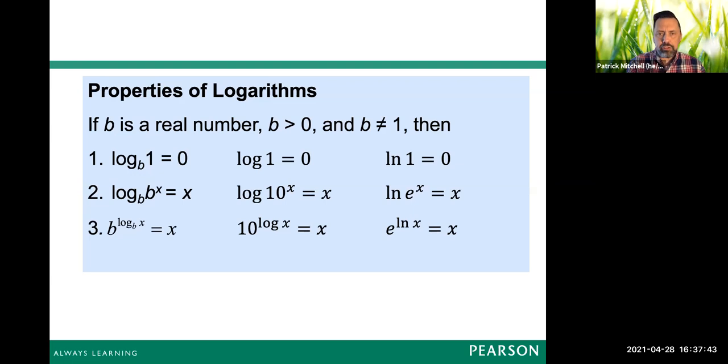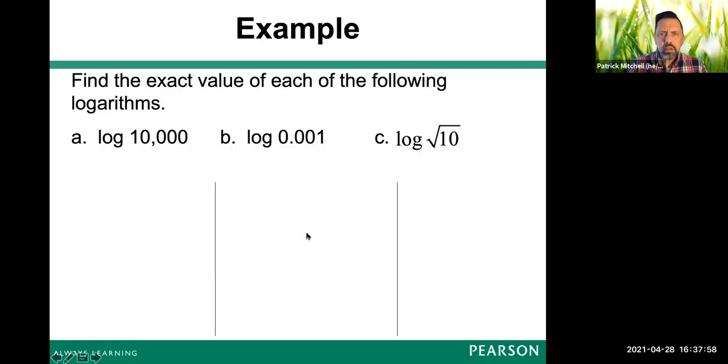Remember the special shorthand notation for common logarithms. Just imagine that there's a little subscript 10 here. And then natural logarithms, I haven't introduced you to that notation yet. So we'll come back to natural logarithms in a moment. In the meantime, we have this example.